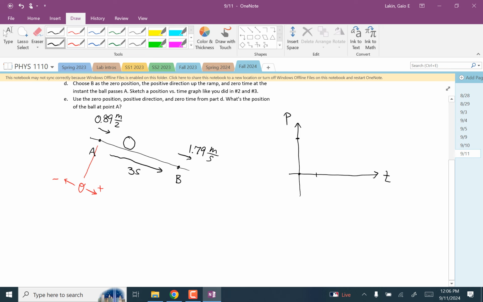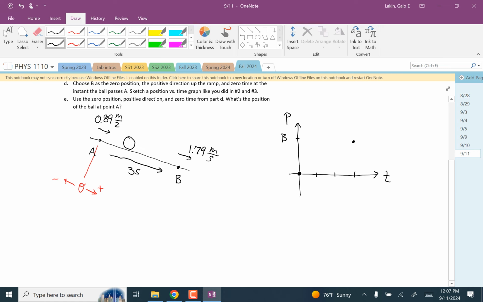And we know that it's going to get to B in 3 seconds. So it's going to look something like this. But then what about the shape of the curve between these two things? Well, we know that at time equals 0, it's at position 0.